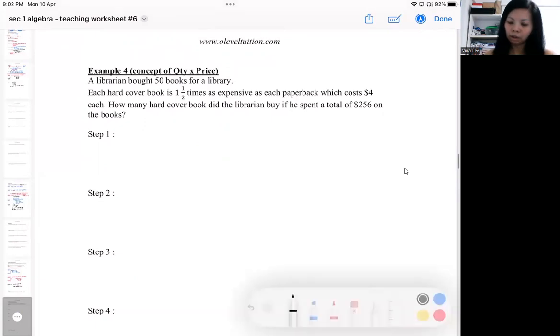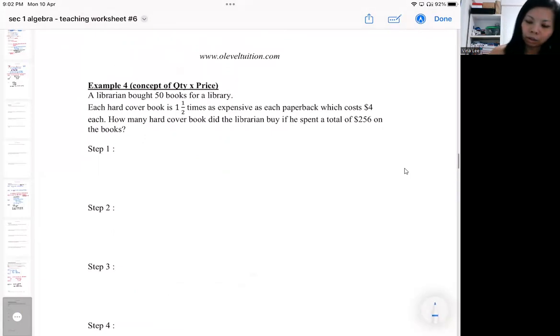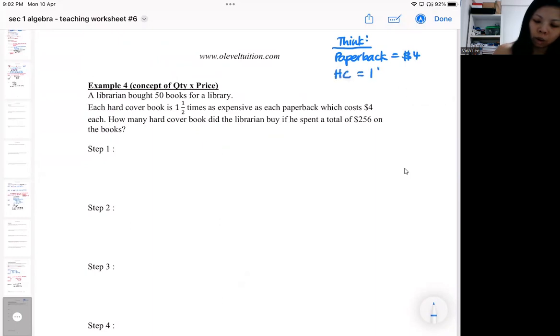If you want some thinking process, the paperback is cheaper, $4. Then the hardcover is 1.5 times more expensive, so it's actually $6. So that's the current information.